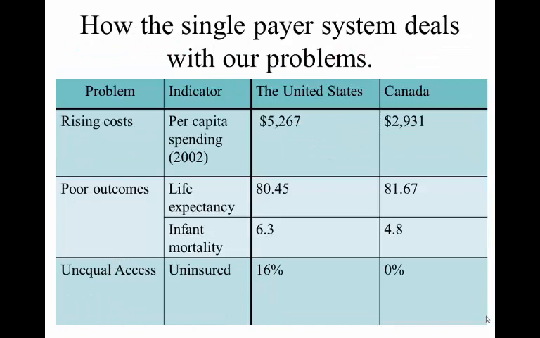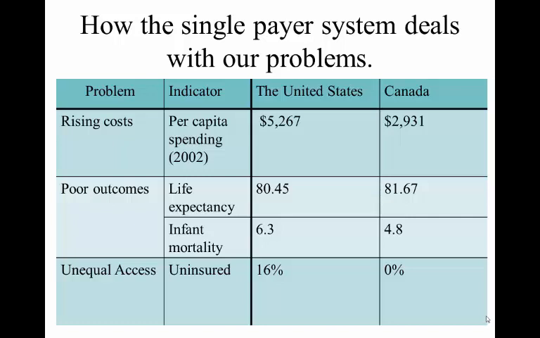So let's look for a second at how the single-payer system deals with the problems we've been facing. So we talked about rising costs, poor outcomes, and unequal access. Well, costs. In the United States, we pay on average $5,296 per capita on healthcare. That was back in 2002.